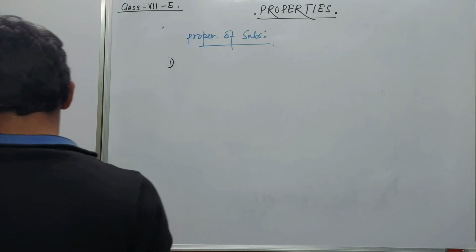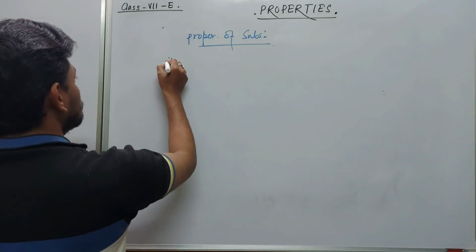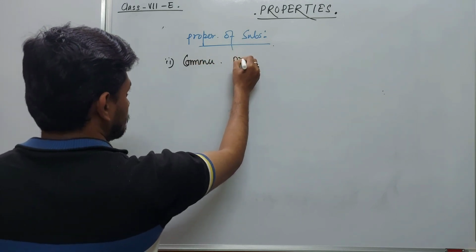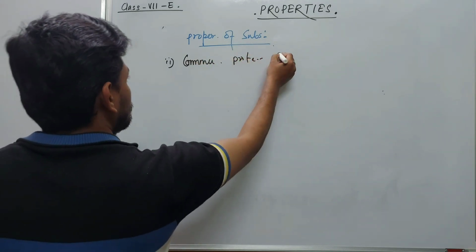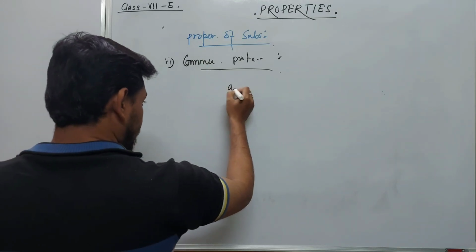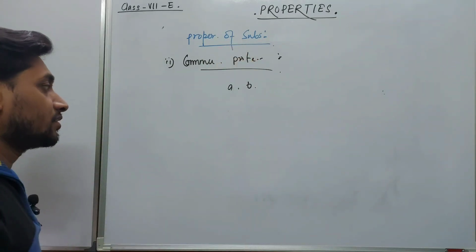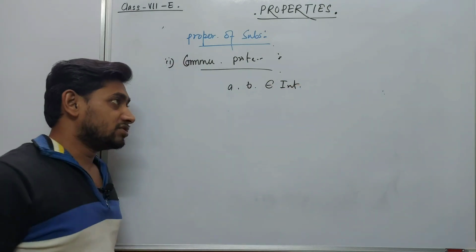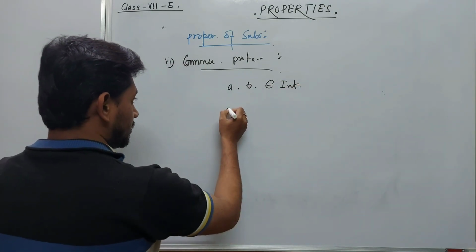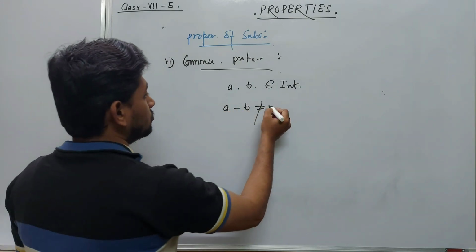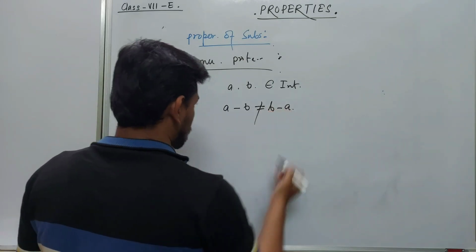Point number 2, write down in your exercise book. Commutative property. Similarly, if we take A and B, that is A and B belong to integer, then we check what is A and B. A minus B not equal to B minus A. Why?